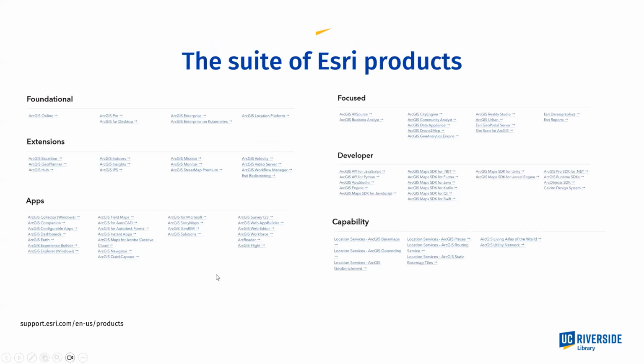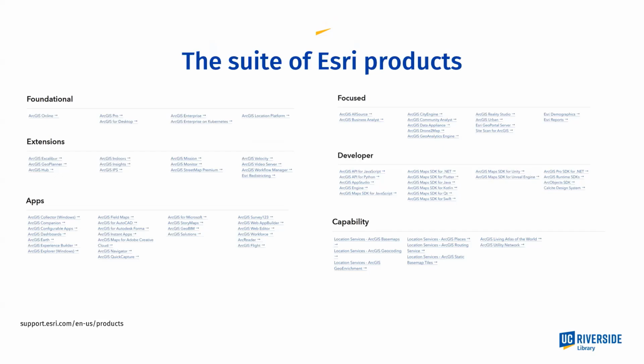But let's take a look now for the next few slides at Esri. Every time I do a presentation about Esri products, I look at this one website where they have a list of their products, and it changes all the time. They're adding new products, retiring old products, that kind of thing.